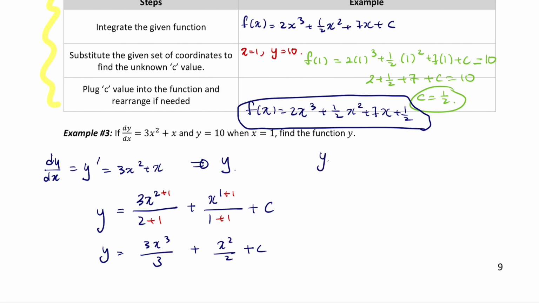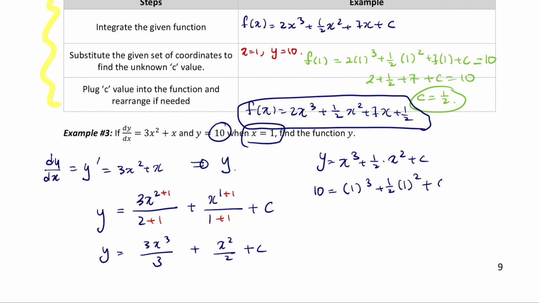So y is equal to x cubed plus 1 over 2 times x to the power 2 plus c. And since we need to find that last part, we're going to substitute 1 into x and 10 into y. Then we have 10 equals 1 to the power 3 plus 1 over 2 times 1 to the power 2 plus c.